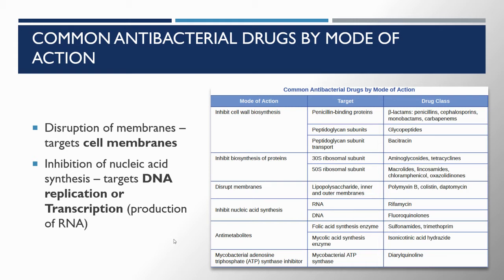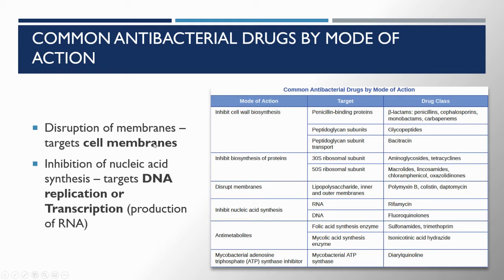If they can't divide, they can't increase in number. If we can't build new DNA, we don't get new cells. If we can't transcribe RNA, then we don't get cell function, because that RNA is going to be used as the instructions for how to build proteins. And again, we get to those enzymes that are responsible for all the chemical reactions in a cell. No chemical reactions, no metabolism, and the cell will die.